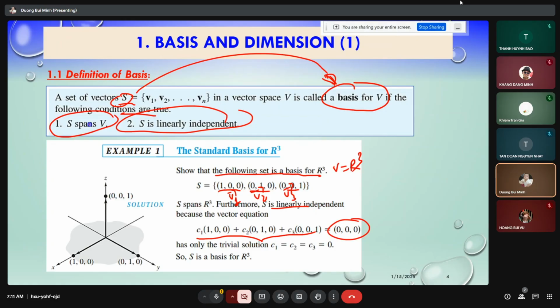And S spans V, of course, because these are unit vectors, or we can say standard unit vectors. Do you know what standard unit vectors are? We studied them before. The standard unit vectors are always a spanning set. So here we say S is a basis for vector space R3. Is it clear? Good.